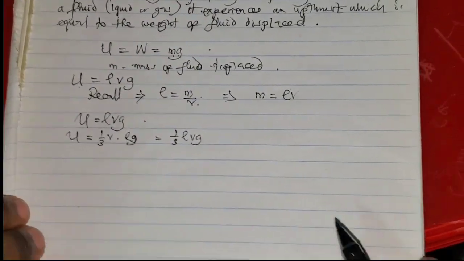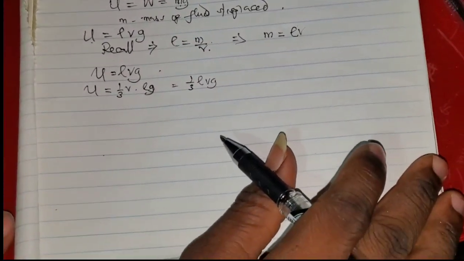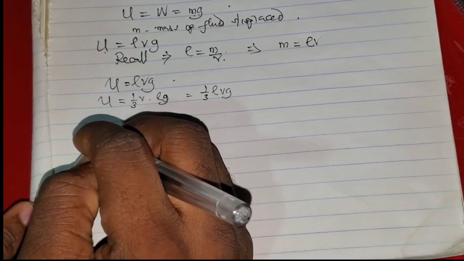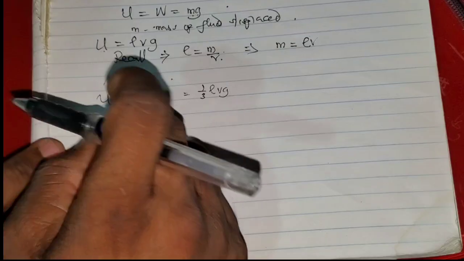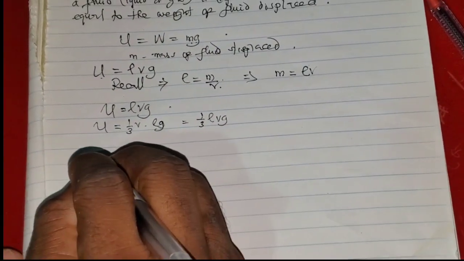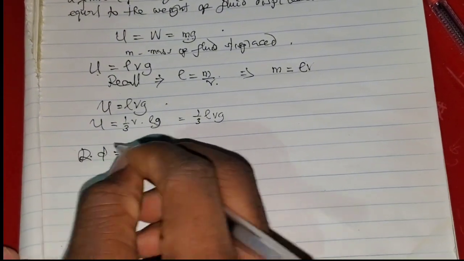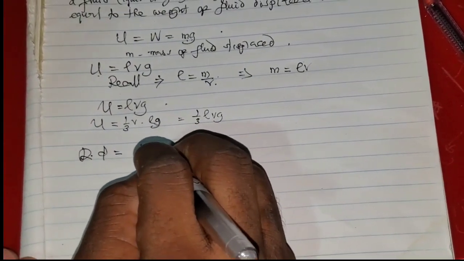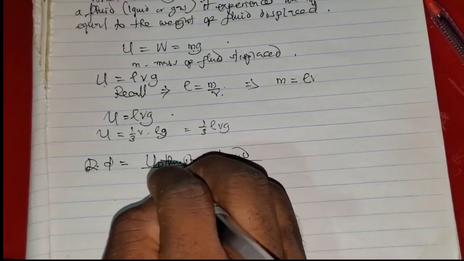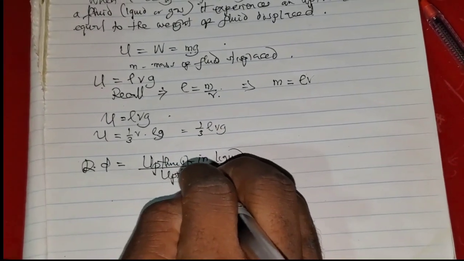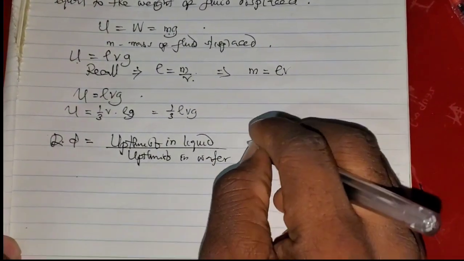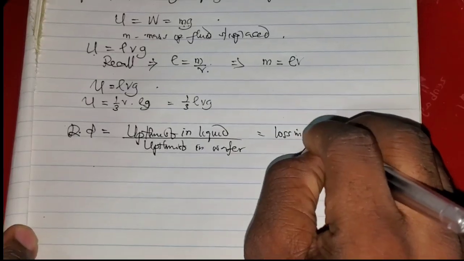Now let's look at how to determine the relative density of a liquid using Archimedes' principle. Relative density equals the upthrust in liquid over the upthrust in water, and we know this is the loss in weight.